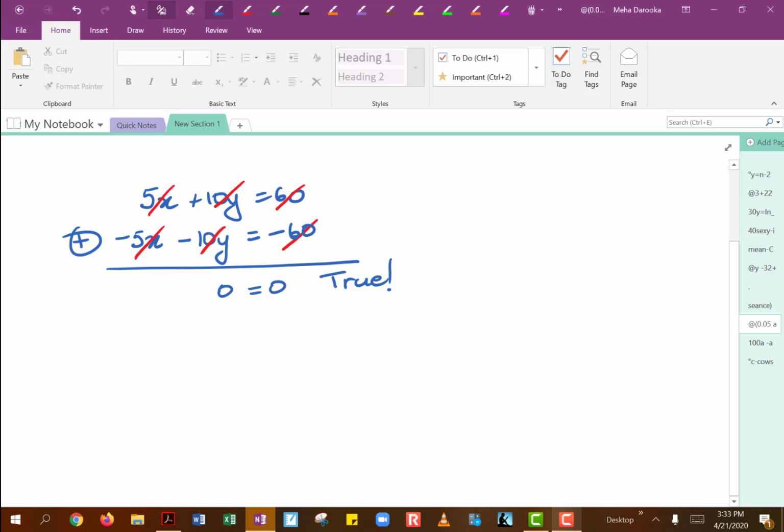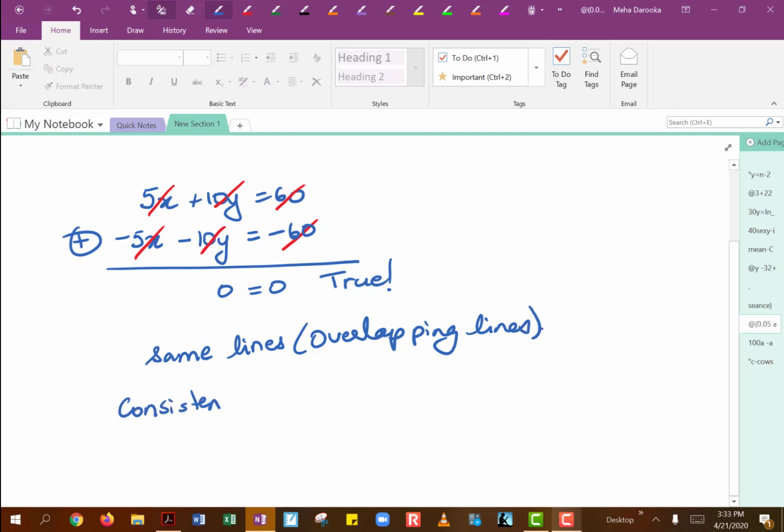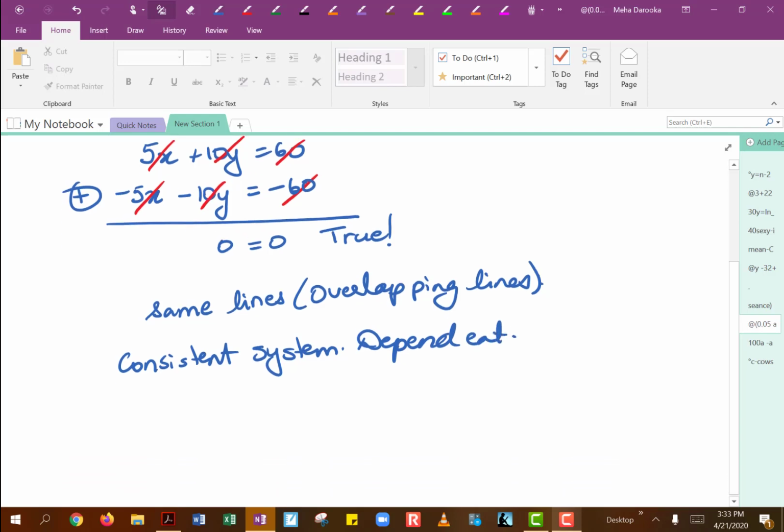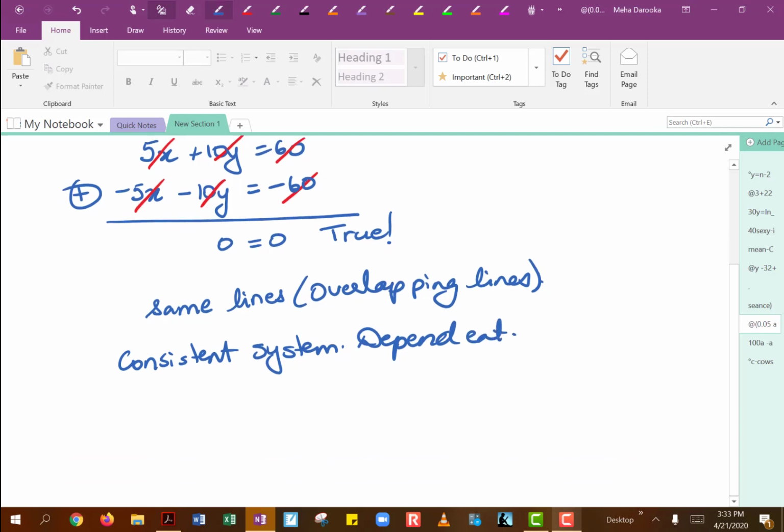So this means that these two lines are the same line, or overlapping lines. When they are overlapping, that means we have a consistent system with dependent equations. And of course, this also means we have infinitely many solutions.